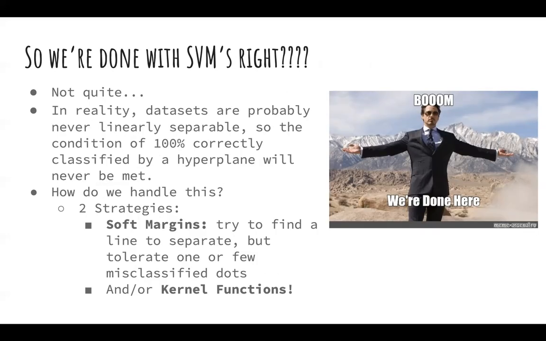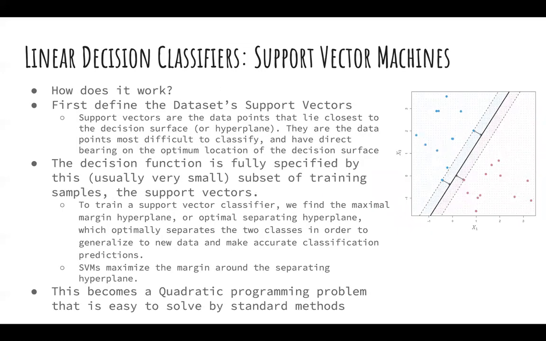Our data is going to be messy. These labels will overlap. It'll be difficult to get that nice, clean line between them. So how do we potentially address that? There's two strategies we can take. The first is a soft margins approach, which says, let's still do this sort of linear separator, but let's accept the fact that maybe some classes will bleed over, and that's okay.